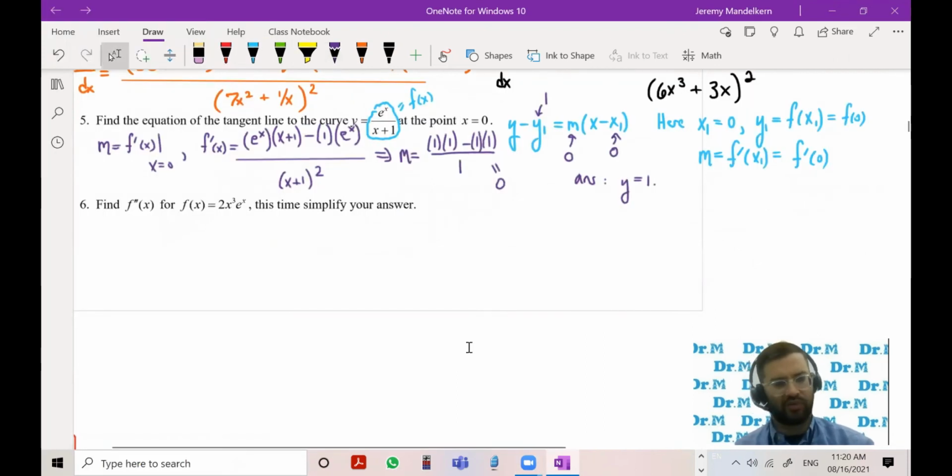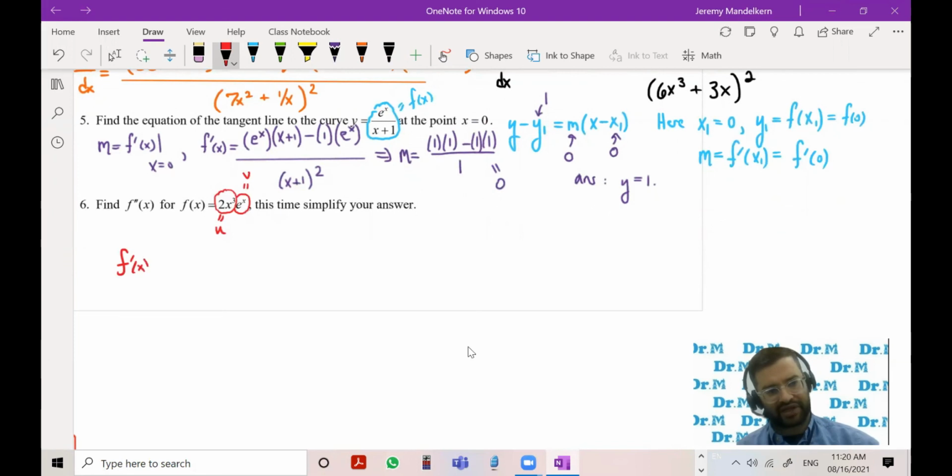In our last problem, we want to compute f double prime. We can see that our function as given is a product, so we can call one factor u and the other v. Now applying the product rule to get f prime of x: f prime of x is u prime times v plus v prime times u.